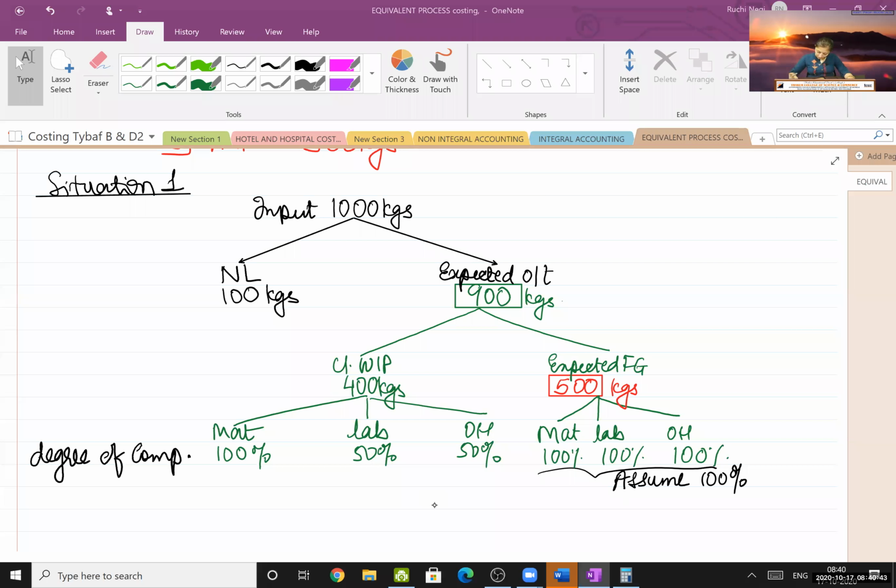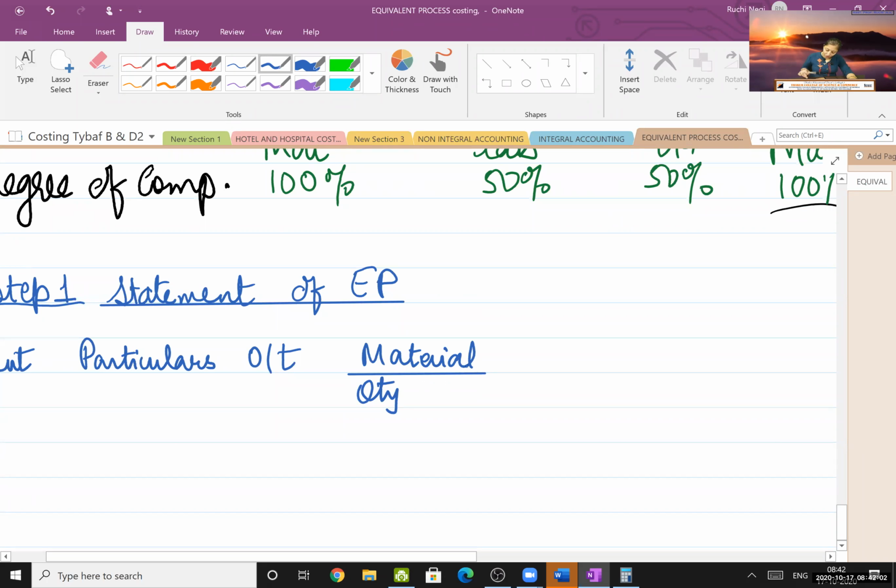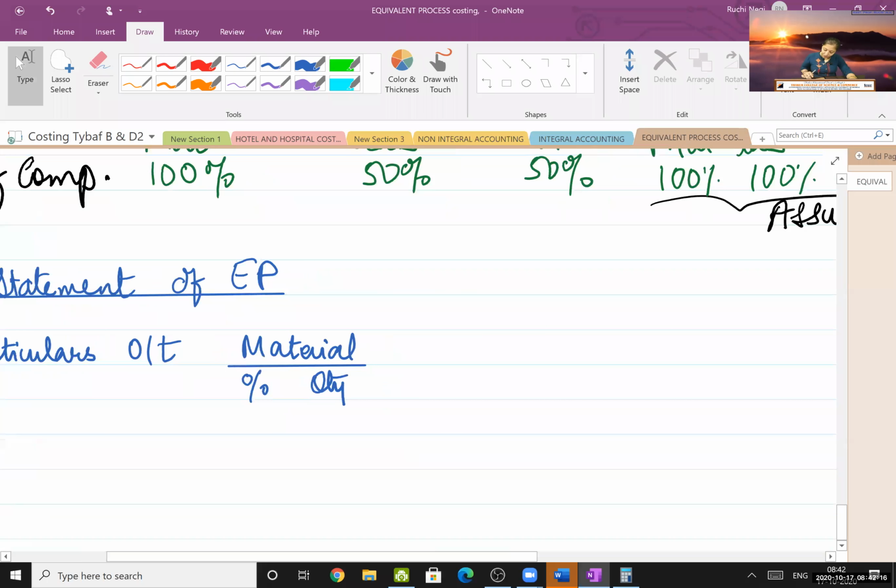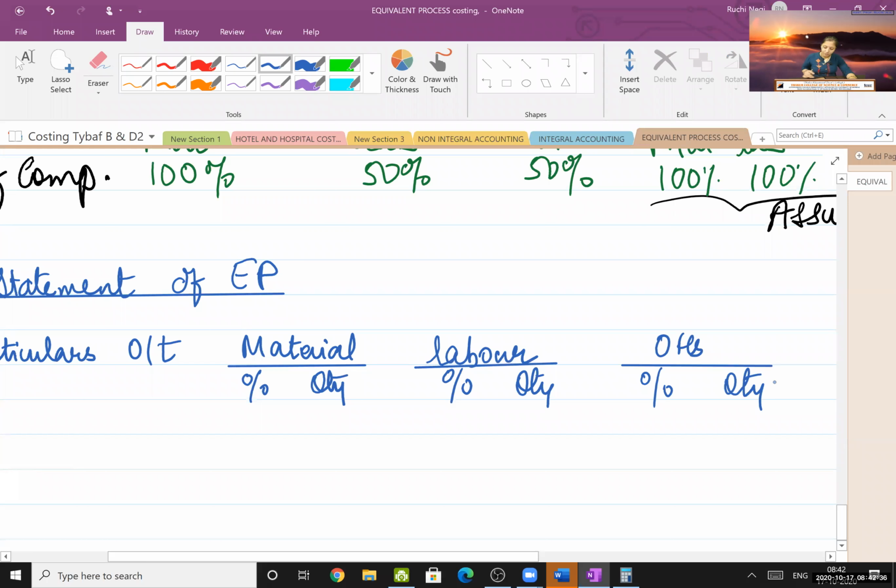First is degree of completion. I will not write that big word; I will just show it with a percentage. Degree of completion is given in percentage. Percentage and then quantity, then labor, same: percentage and quantity, and then overheads, same: percentage and quantity.